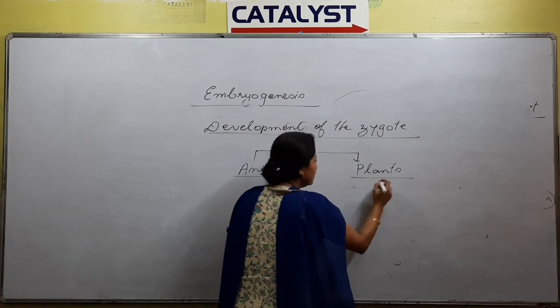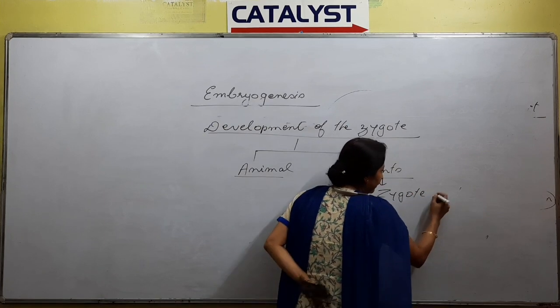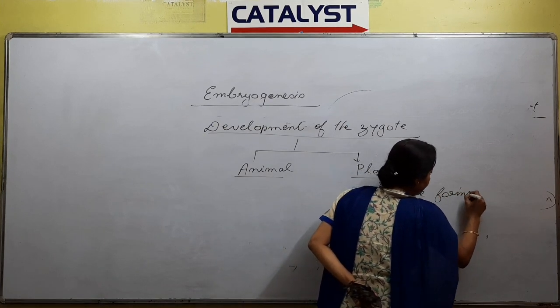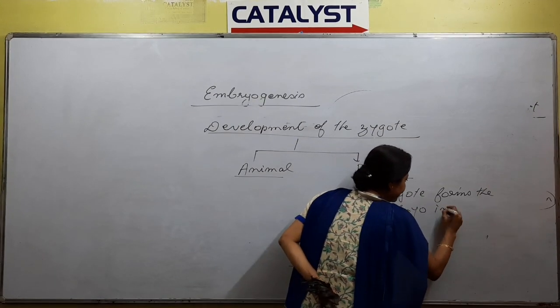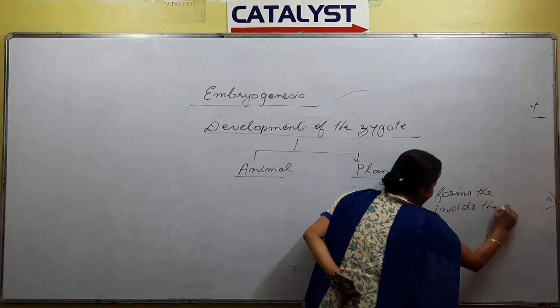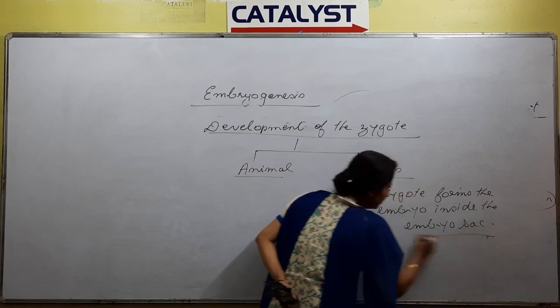In case of plants, we know the zygote forms the embryo inside the embryo sac.